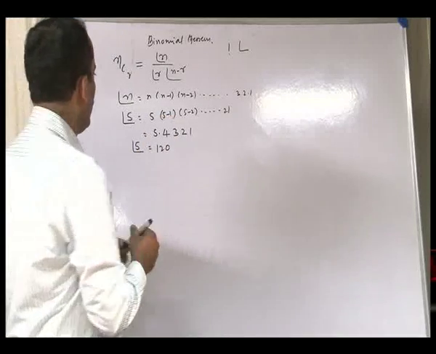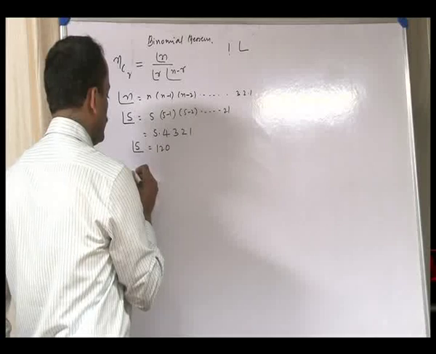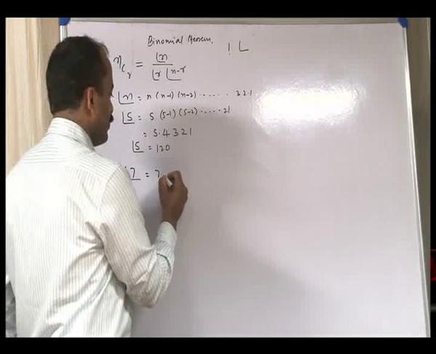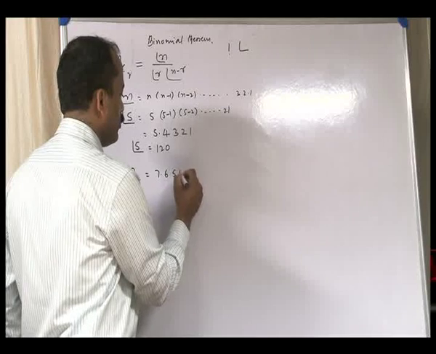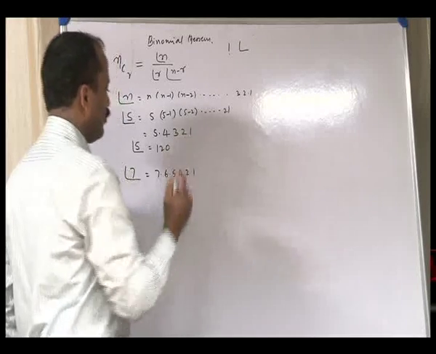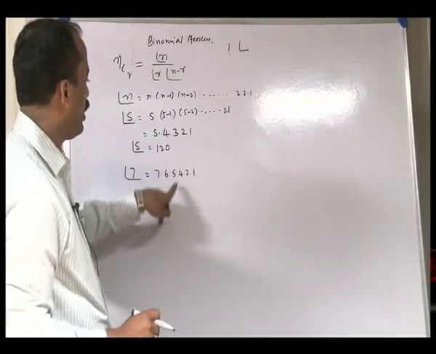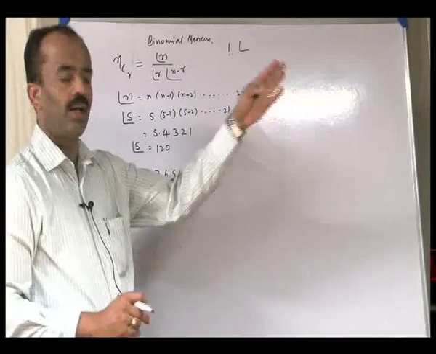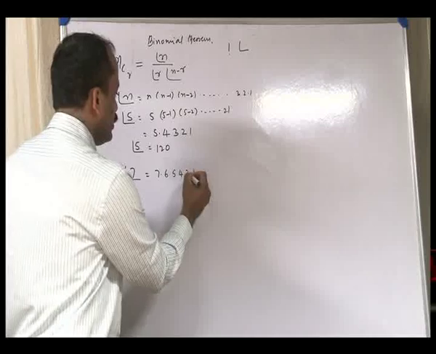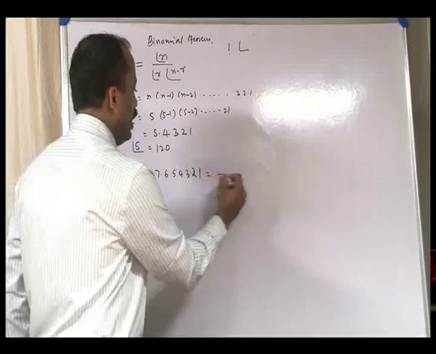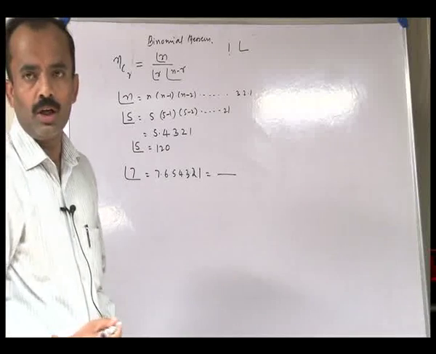Similarly, we can find factorial 7. Factorial 7 is 7 into 6 into 5 into 4 into 3 into 2 into 1. That is, n into (n minus 1) into (n minus 2) into (n minus 3) and so on, up to 3 into 2 into 1, and we can find the value of factorial 7.